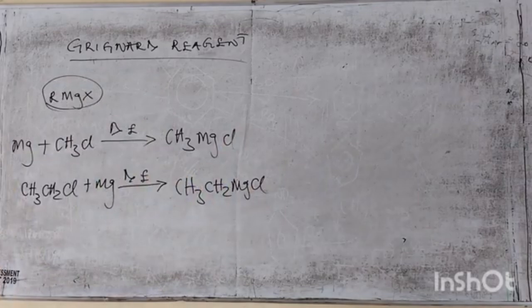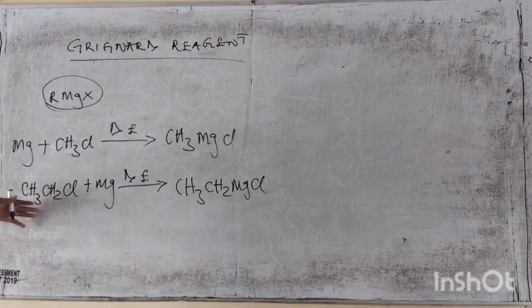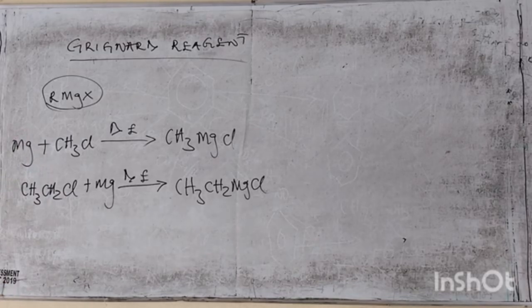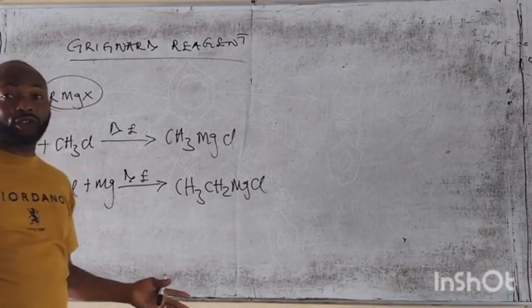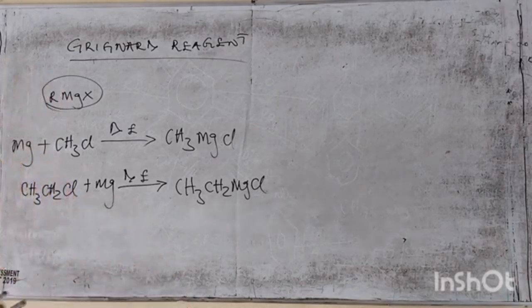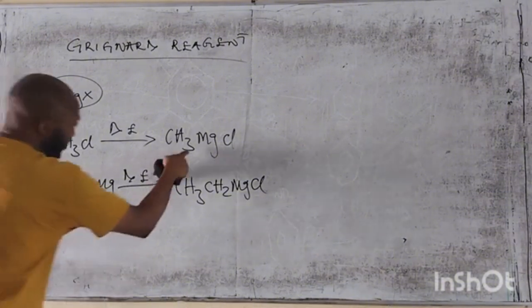So this is ethyl magnesium chloride. This is another one. If I use a propyl group here, I get it there, and so on and so forth. This is how we produce our Grignard reagent. So now let's look at the reactions of Grignard reagent. Okay, this is my reagent now.